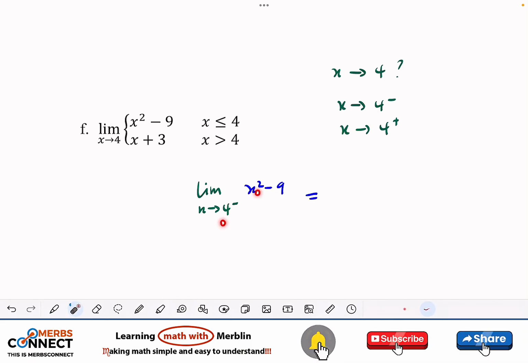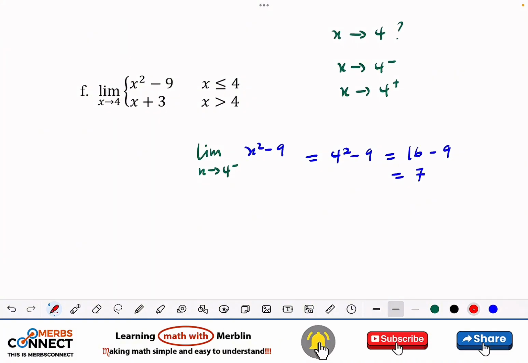Now we plug in the 4 because this is a polynomial function. Don't be confused with this guy here. This guy here is just showing us that we are coming from the left and helps us to choose the function. So we just plug in 4 here, and we are going to have 4 squared minus 9, and I have 16 minus 9, and I'm going to have 7.